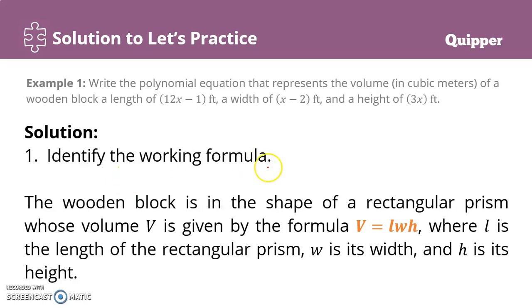So first, identify the working formula. The wooden block is in the shape of a rectangular prism, whose volume V is given by the formula volume equals length times width times height, where L is the length of the rectangular prism, W is the width, and H is the height.